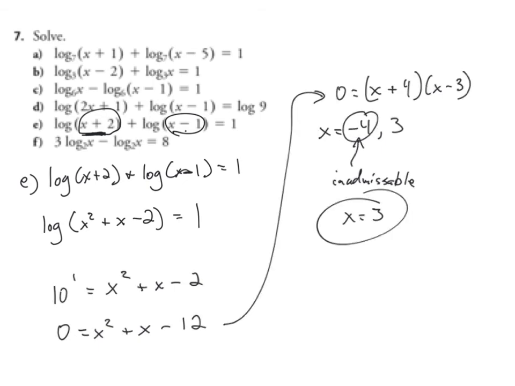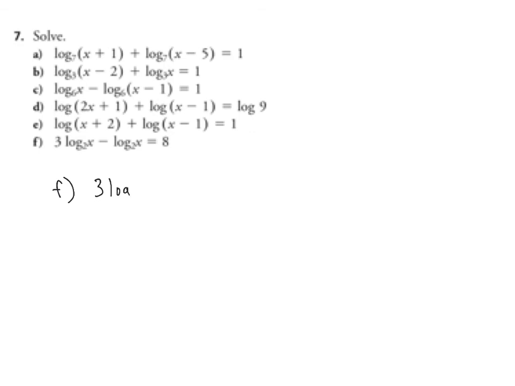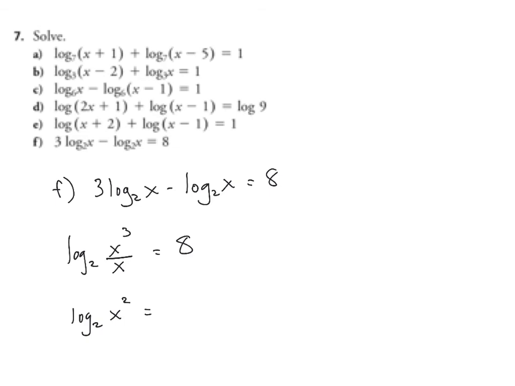Part F. 3 times log base 2 of x minus log base 2 of x equals 8. This 3 can go up, so we got log base 2 of x cubed minus log base 2 of x, so this is going to be over x, equals 8. And you got log base 2 of x squared equals 8.